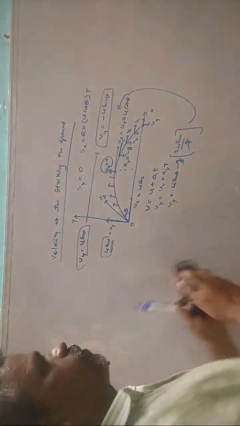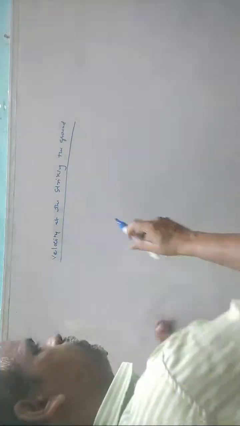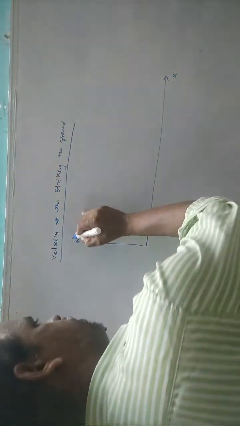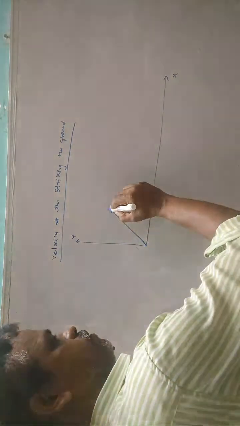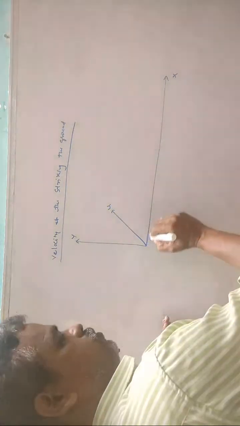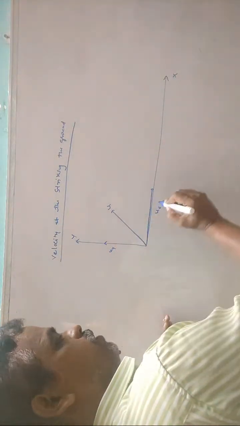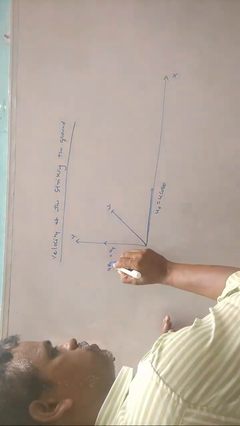See what happens. I will draw this clearly. Projected with u, this will become ux, this will become uy, that is u cos theta and u sin theta.